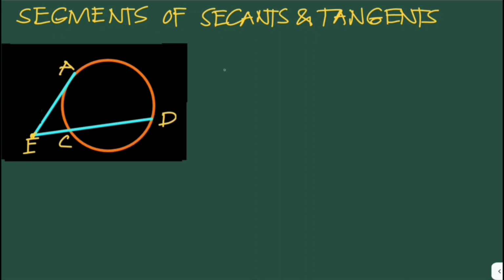So the tangent segment here is EA. So the square of that is just equal to the product of the external segment EC and ED, which is the secant segment. EC is the external segment and ED is the secant.